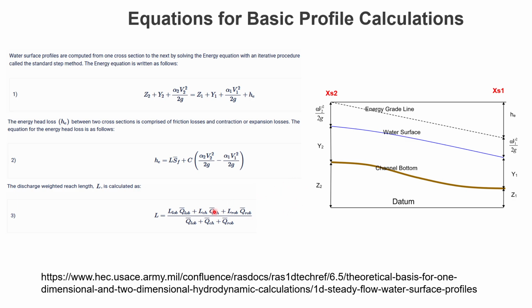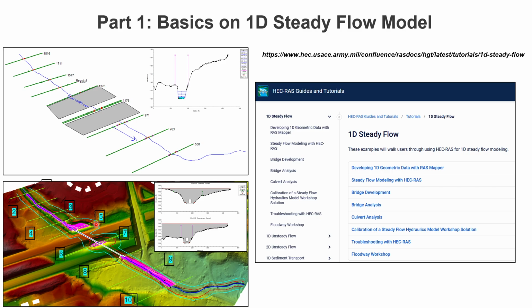If you are new to 1D modeling, I will encourage you to go back to the earlier link I shared and learn more about the 1D steady flow. To have a sense of what is happening, you also need to learn about the governing equations, which use the steady state energy equations to calculate water surface elevation and also determine the head losses and the reach length.